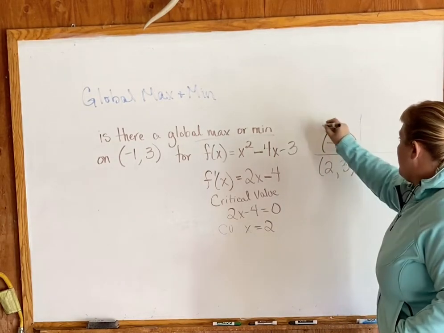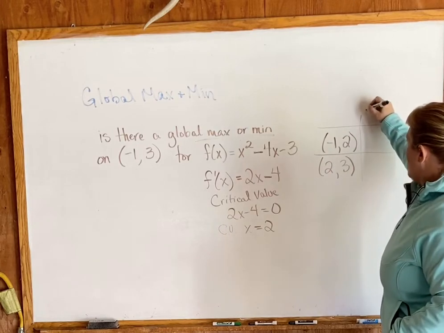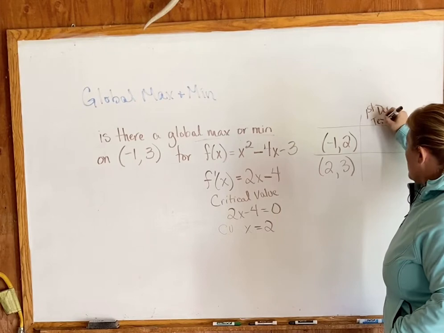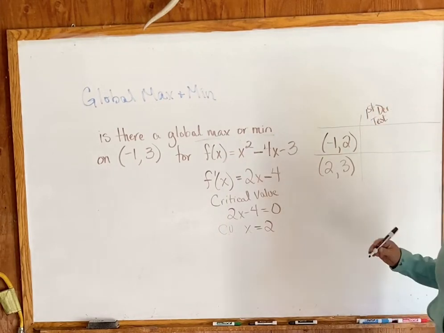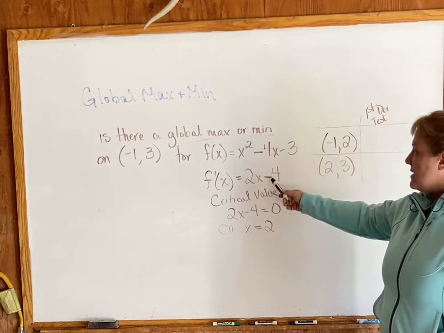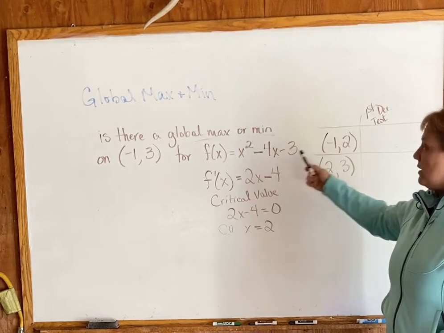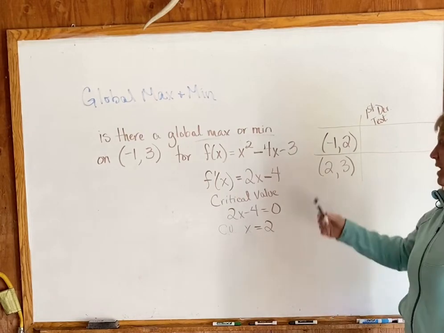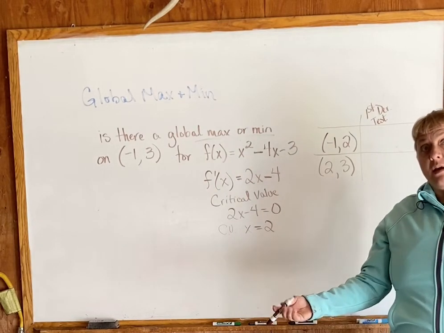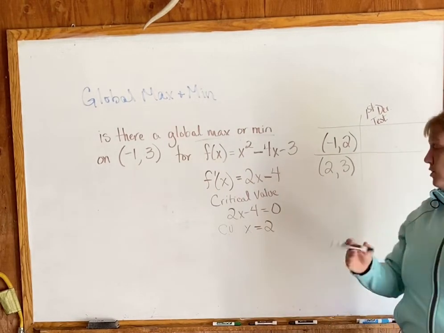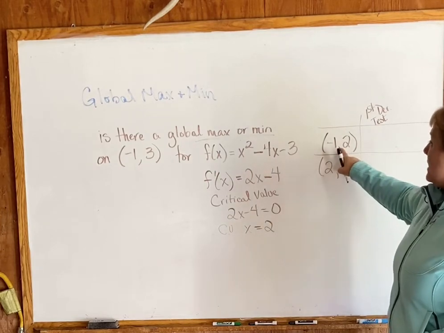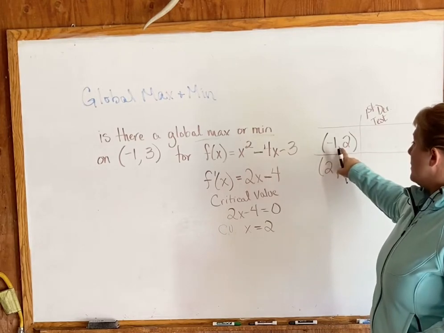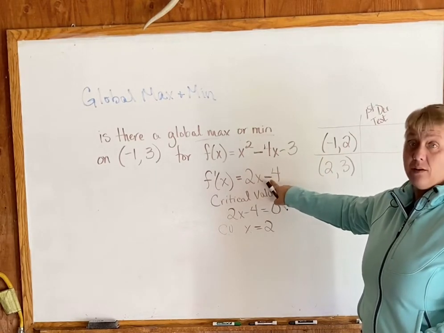Now this is called the first derivative test. Okay, so hopefully you have covered this. But what it says is that if on this interval the derivative is negative, then the function is decreasing. If on the interval it is positive, then the function is increasing. So we just need to take a number out of this interval and plug it into the derivative. So like a number like 0, plug it in there, we get a -4, right?